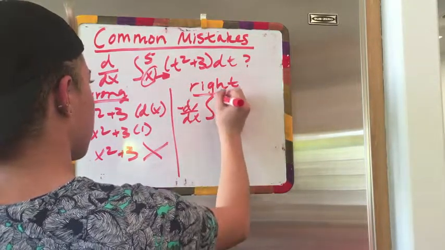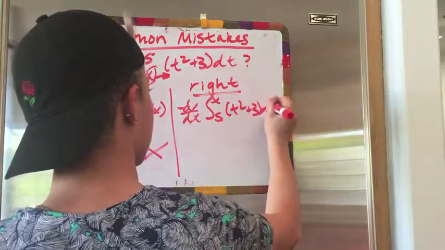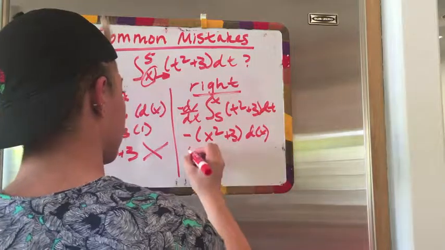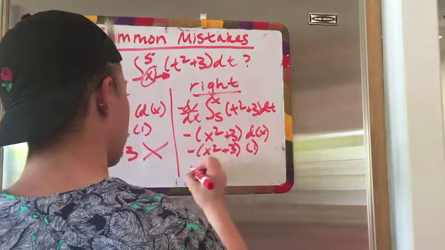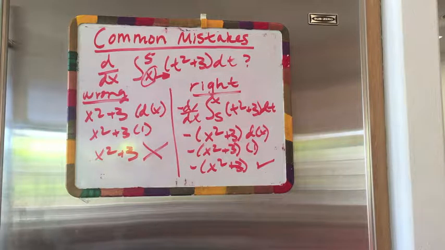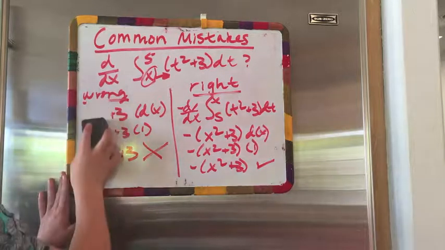But you need to have it in the b area, so you have to do the negative d dx of the integral from 5 to x, and then it will get you negative x squared plus 3, which is the correct answer, and if you don't do that, you will lose a negative sign that is necessary to get the correct answer.